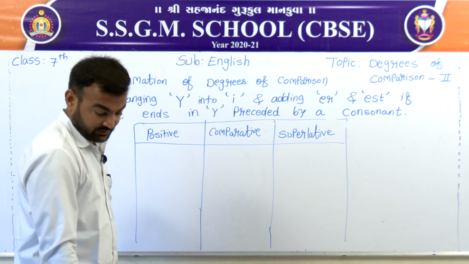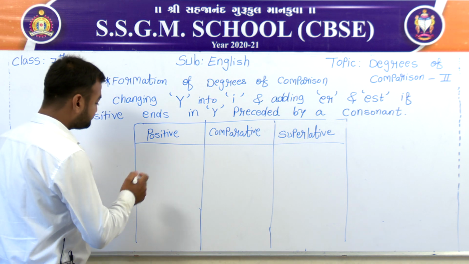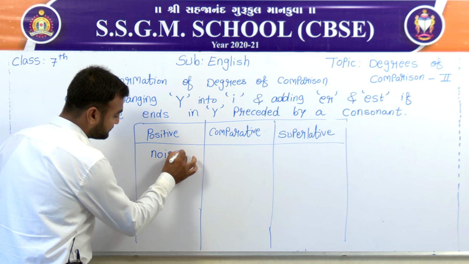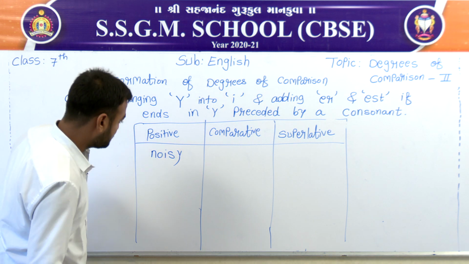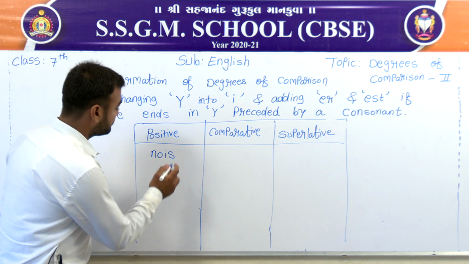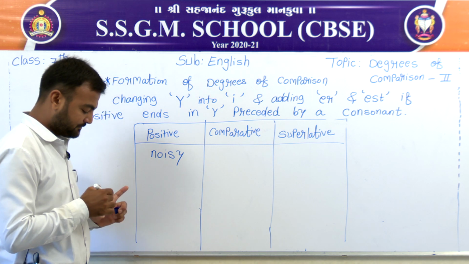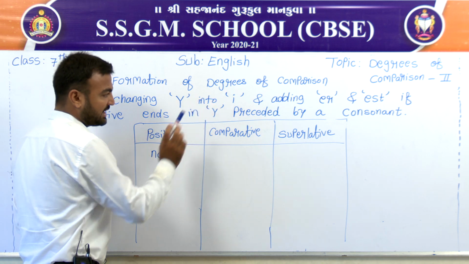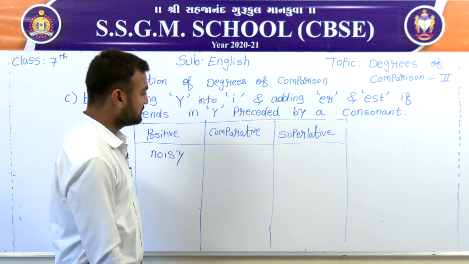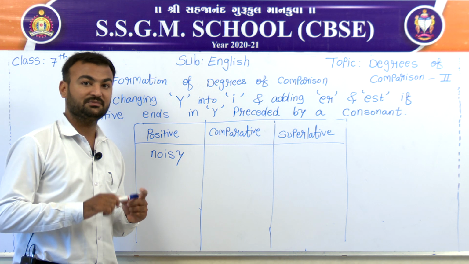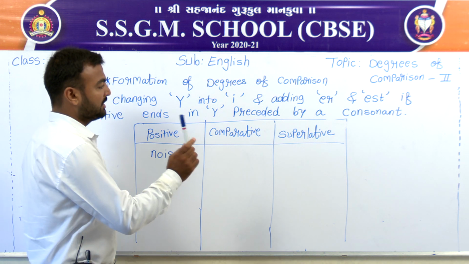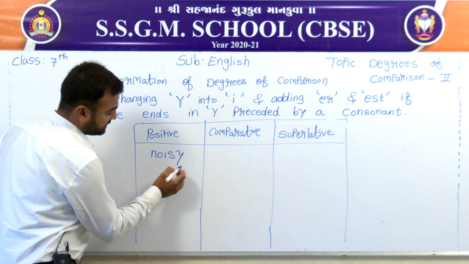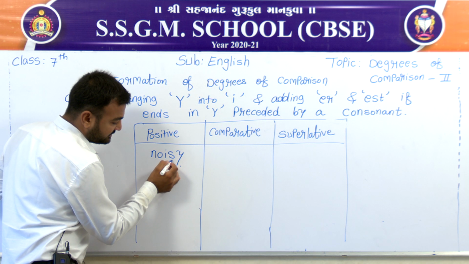So let me explain one example. Let's say the positive degree is NOISY, noisy. Now students, before changing y to I, first keep in mind that y is preceded by a consonant.